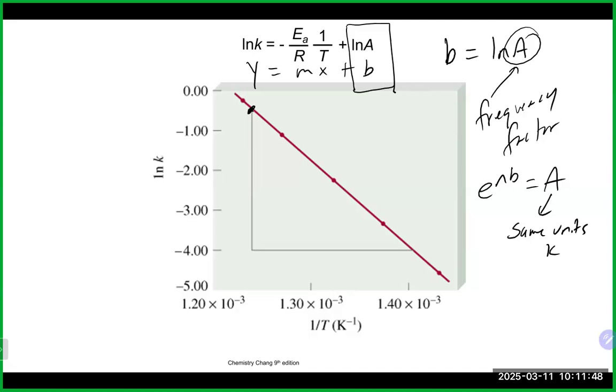So whatever the units of k were are usually the units you have there. By the way, when you take the natural log of k, the units go away. When you take the e to the power of it, the units come back. So that's where the units come from for the frequency factor. Usually it will have the exact same units as the rate constant.